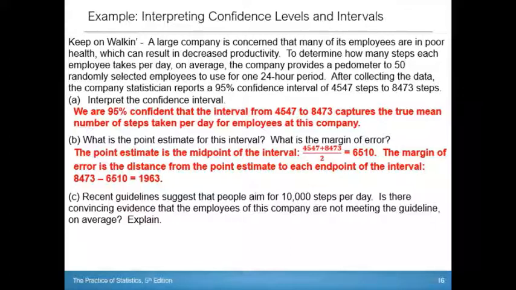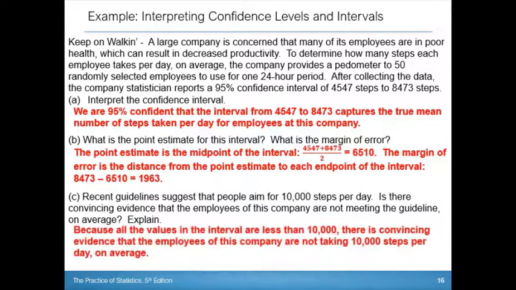So our confidence interval, 4547 to 8473, does not capture 10,000. In other words, 10,000 is not in there. And so 10,000 does not seem to be a plausible value for the mean because it is outside in quite a substantial way. I would add outside the interval.